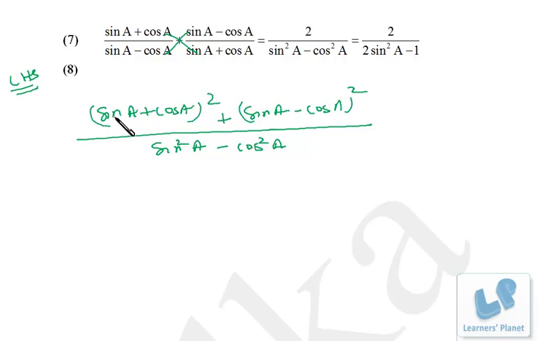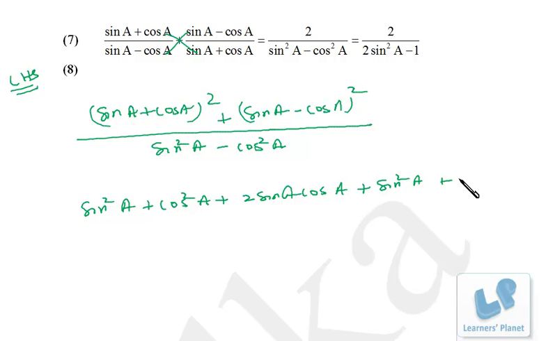Now we can open the bracket as a plus b whole square, so it will be sin square A plus cos square A plus 2 sin A cos A. Similarly this is a minus b whole square, so it is a square plus b square minus 2ab, right?